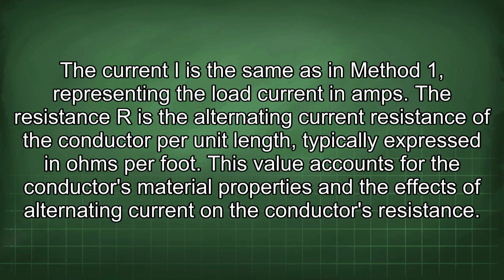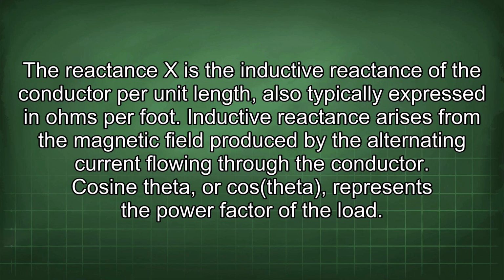The resistance R is the alternating current resistance of the conductor per unit length, typically expressed in ohms per foot. This value accounts for the conductor's material properties and the effect of alternating current on the conductor's resistance. The reactance X is the inductive reactance of the conductor per unit length, also typically expressed in ohms per foot. Inductive reactance arises from the magnetic field produced by the alternating current flowing through the conductor.